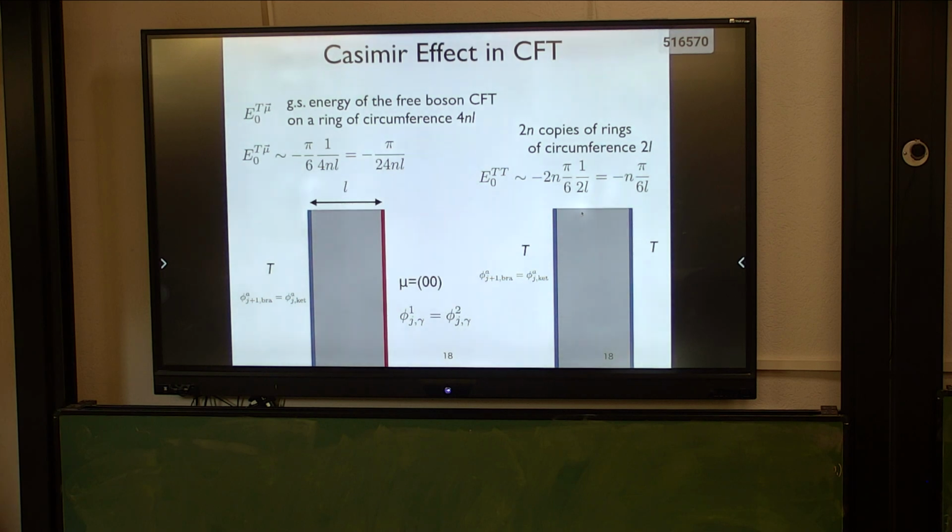So there are 2n copies of the same free boson field theory on a ring, and now the circumference of this ring is just 2L. So the ground state energy in this sector is minus n times pi over 6L. And on the left, the ground state energy is minus pi over 24nL. And the scaling dimension of the boundary condition changing operator is given by the difference between these two.